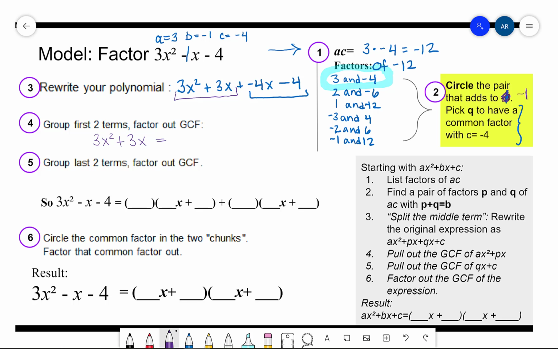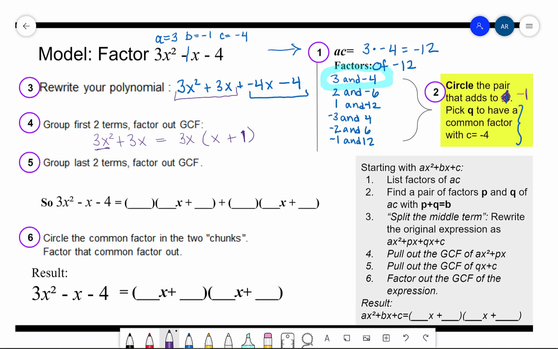I notice that both terms have a 3 in them, and both terms also are a multiple of x. So I'm going to rewrite 3x squared as 3x times, what else would I need to get x squared? Well, I would need another x. Plus, what do I multiply 3x by to get 3x itself? I just multiplied by 1, sorry. So the other term is a 1.